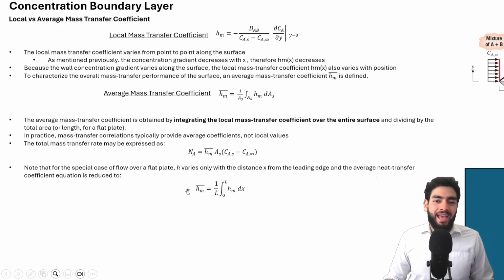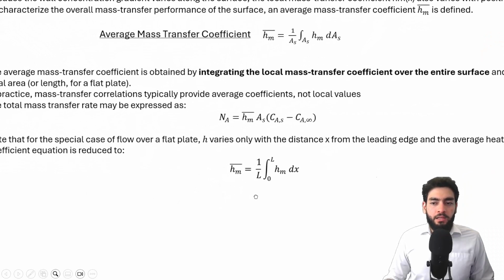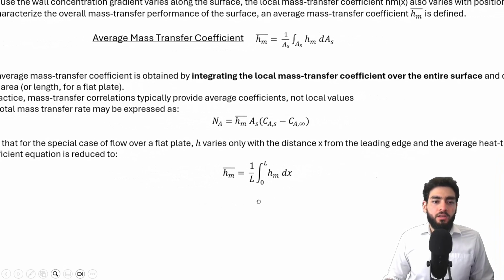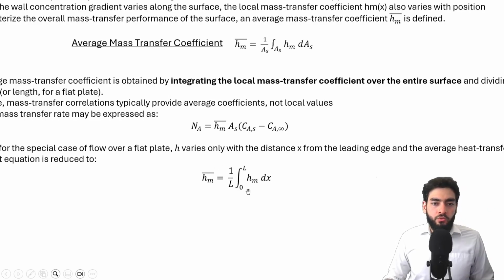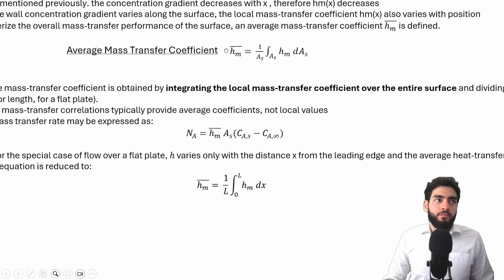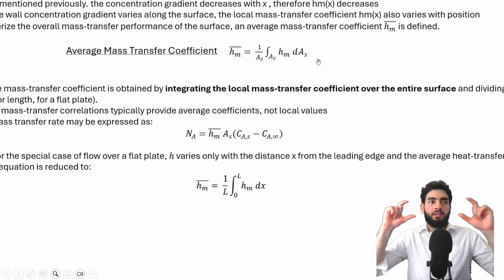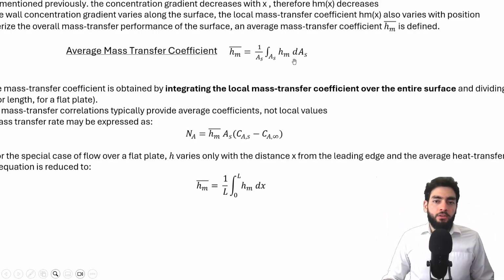In this case, the average mass transfer coefficient equation can be reduced to this expression. But anyways, you write down this expression because that is the official expression, and then you could solve all the different geometries as you come across them.